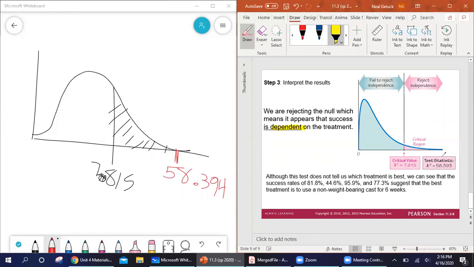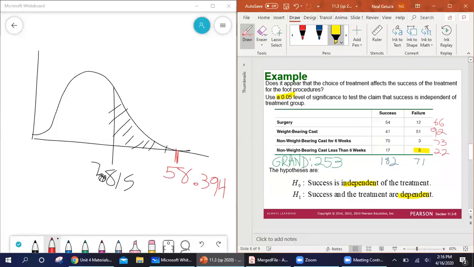So going all the way back to what actually is happening in this problem, what were we testing? We were testing, does the choice of procedure or treatment affect the outcome? They are dependent on one another, so yes, they do affect it.